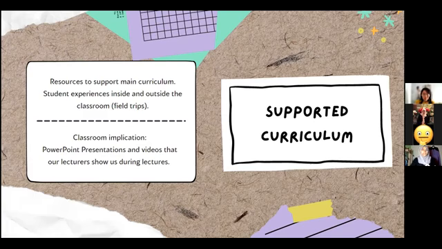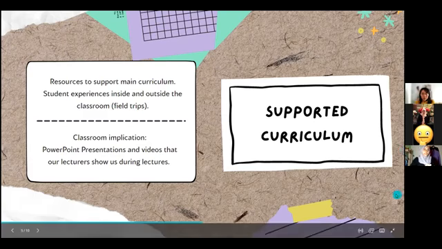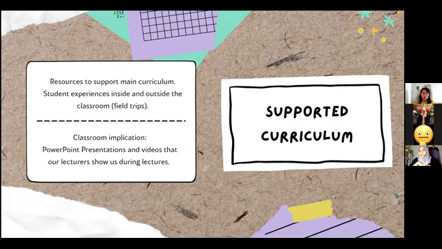For example, the site Kahoot. Kahoot is used by teachers inside the classroom to make sure that the students are actively participating in the classroom, while at the same time understanding what the teacher has taught them previously. Thank you.